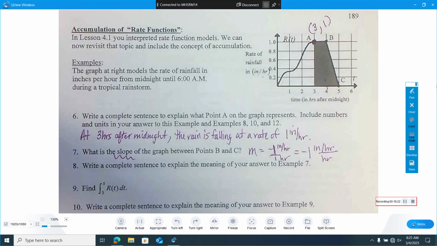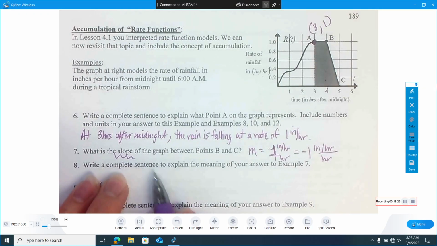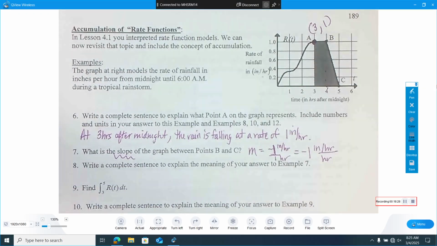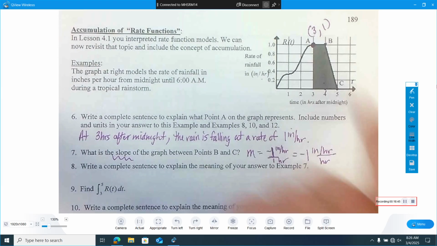All right, write a complete sentence to explain the meaning of your answer to number 7. So what do we think that slope means? It's hard, isn't it? Like, what does it really mean? So at B, we were raining.